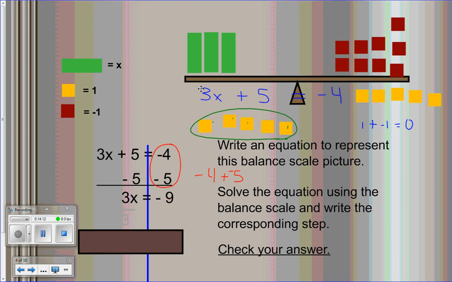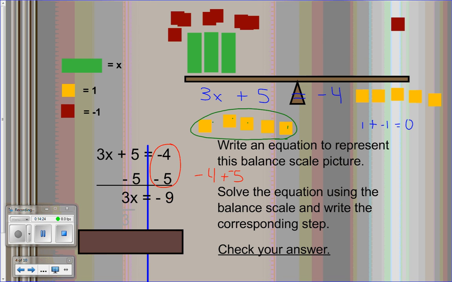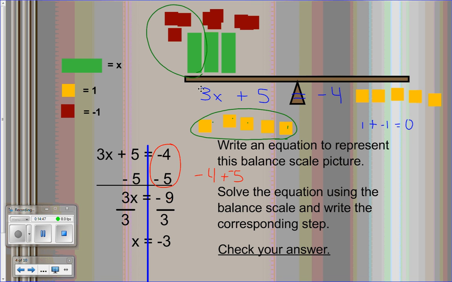And again, we divide these into equal groups of 3. And we know when we do that, we end up with 1x is equal to negative 3. And algebraically, we're going to divide by 3 to get the x by itself. So we have x is equal to a negative 3.